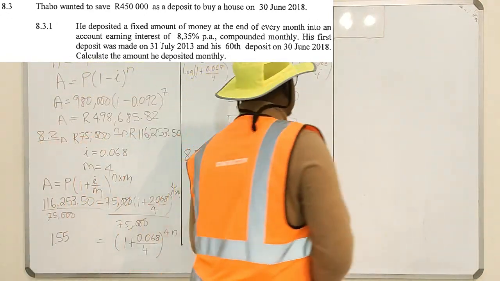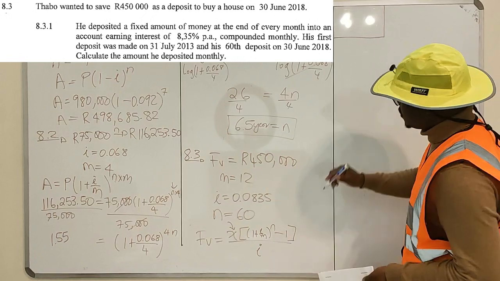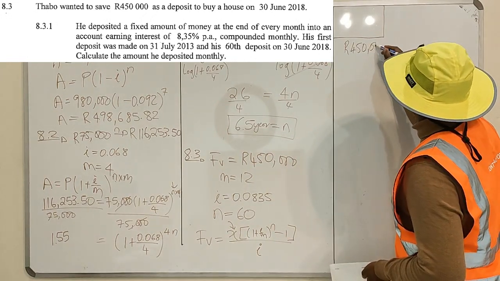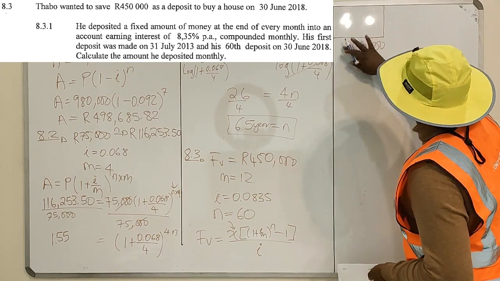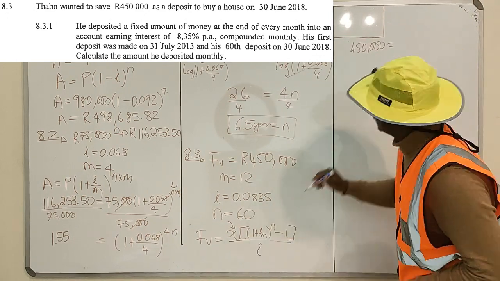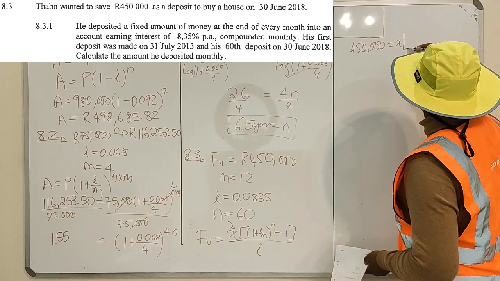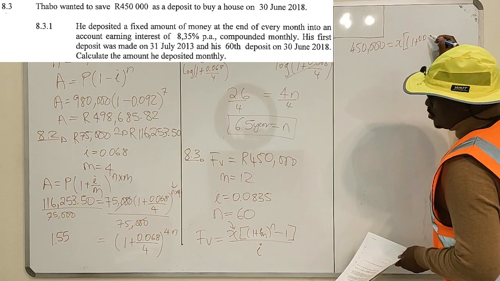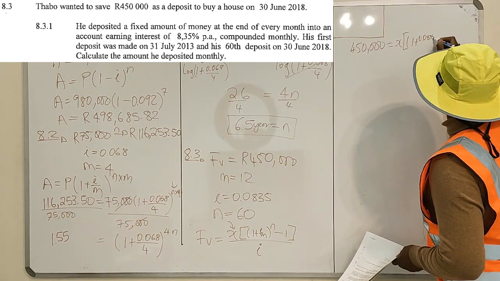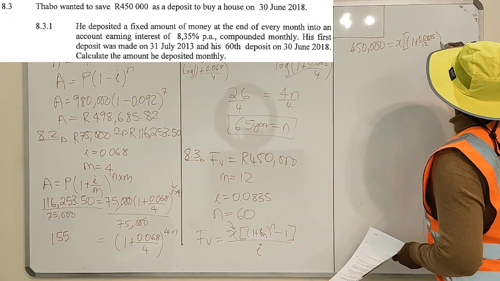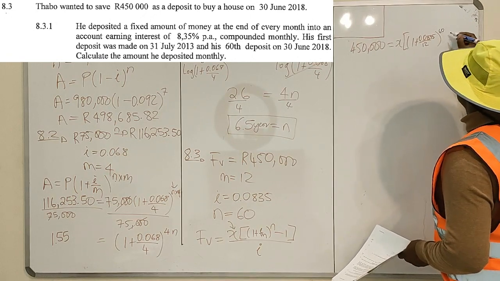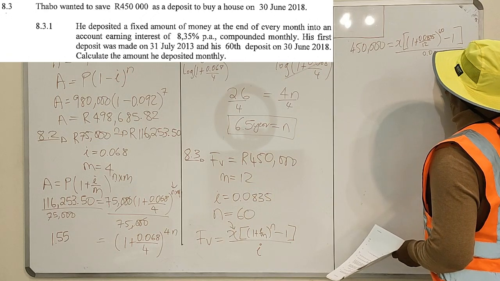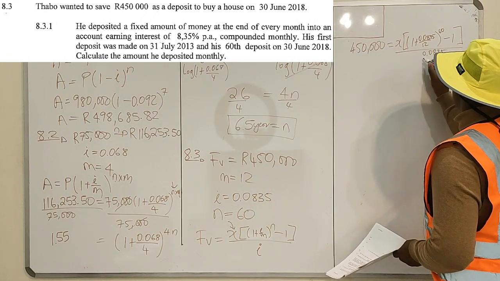So how do you go about this? The future value is 450,000, which is equal to x, which is what you want to find, into 1 plus i, which is 0.0835 over 12, raised to the number of deposits, which is 60, minus 1, all over 0.0835 over 12.